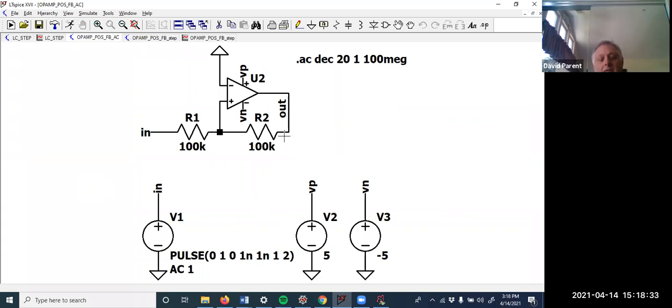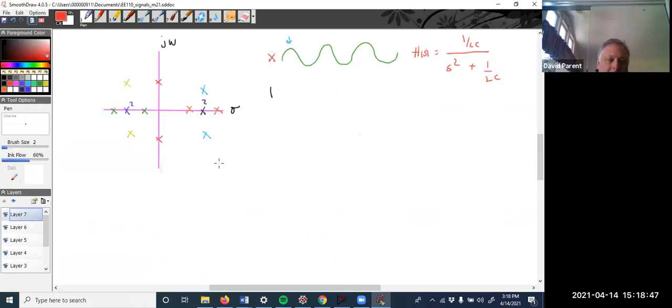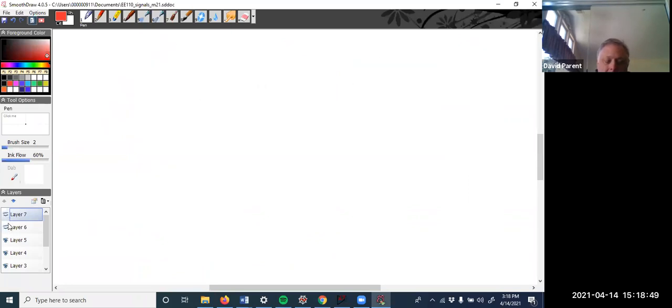Okay, so let's say I want to make a non-inverting buffer. Now I know there's one way, right? Let's turn that off. But I want to try it another way.